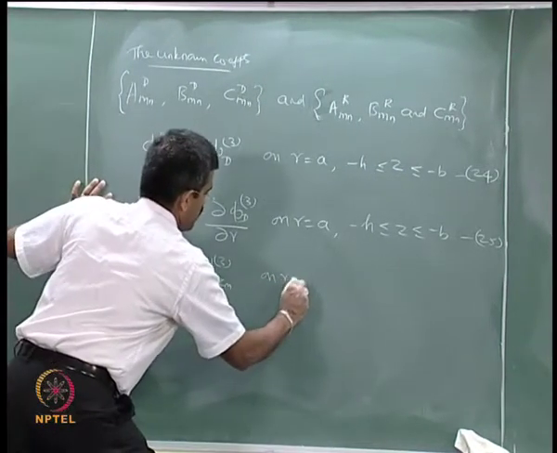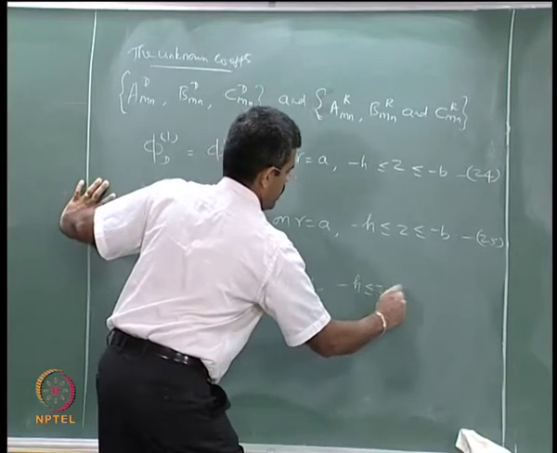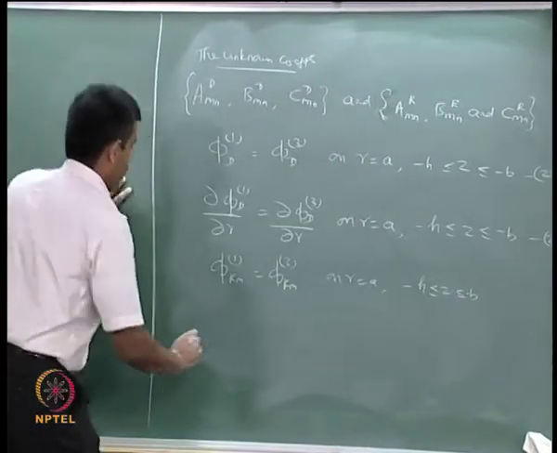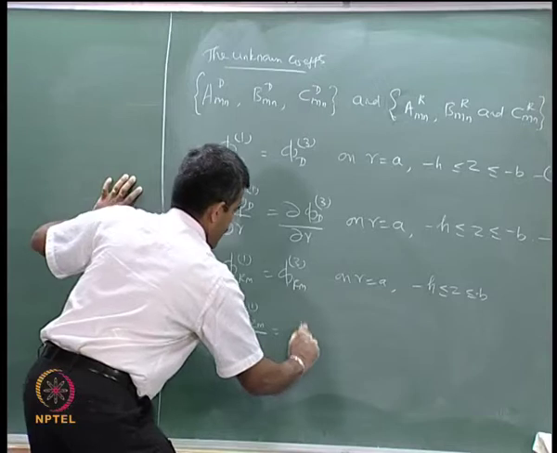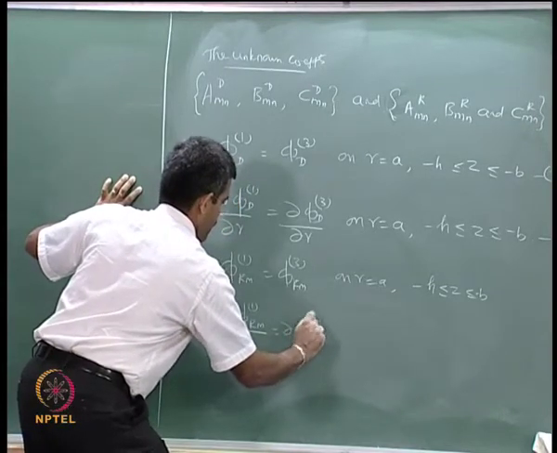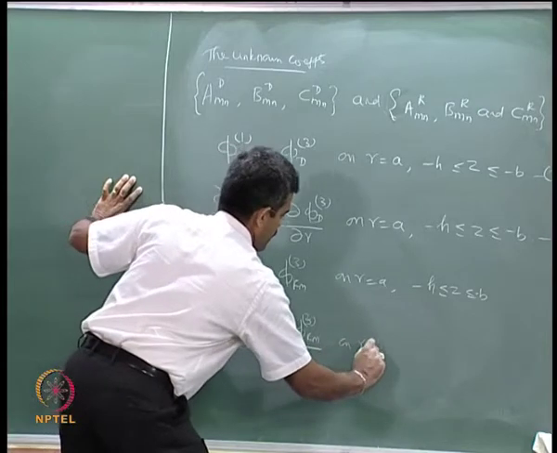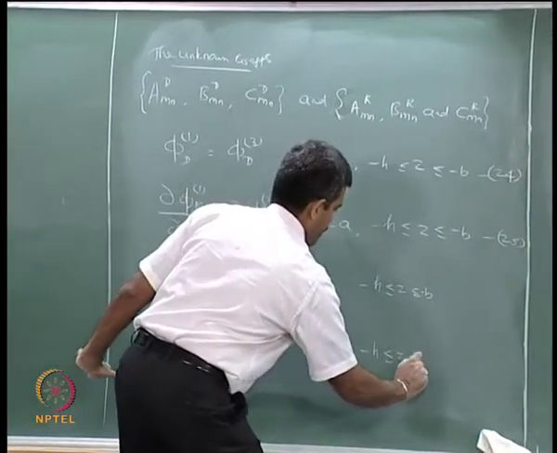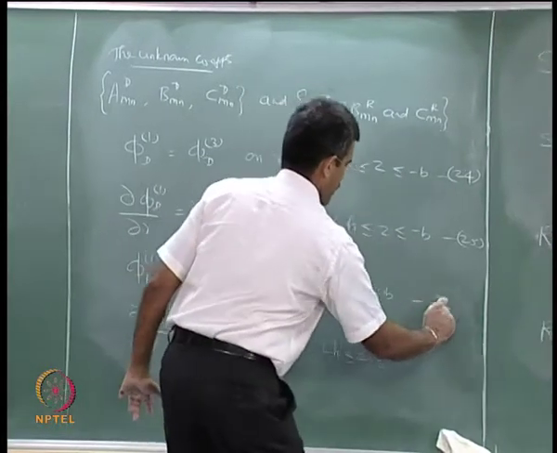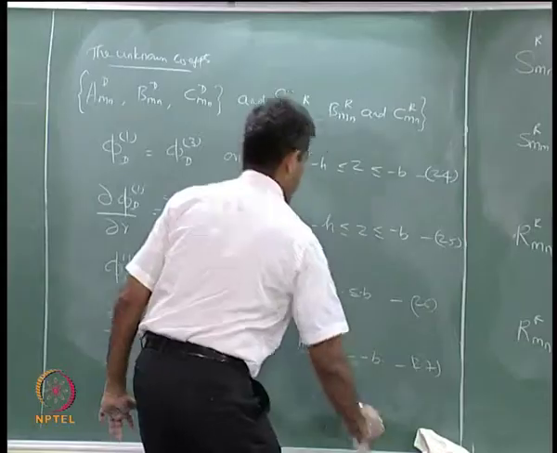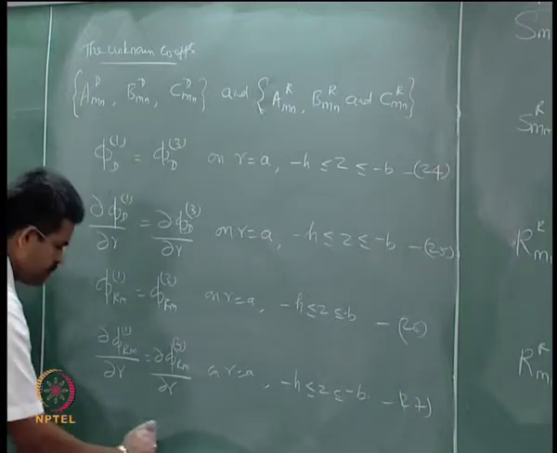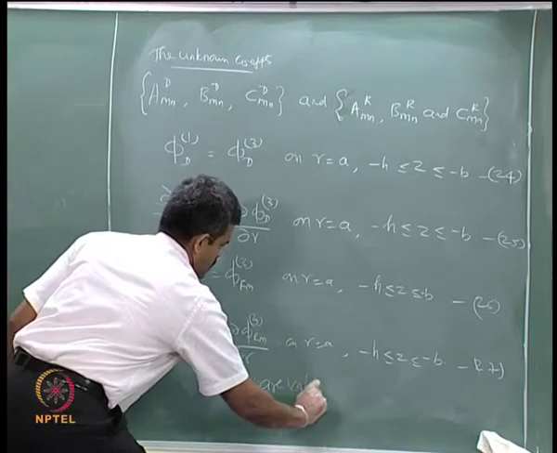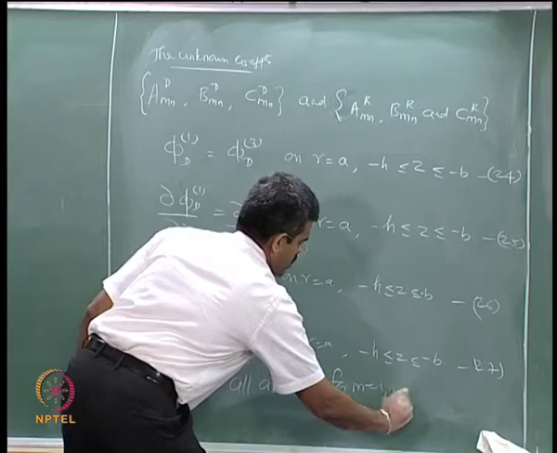On R equals A, all these expressions are valid for m equals 1, 2, 3.